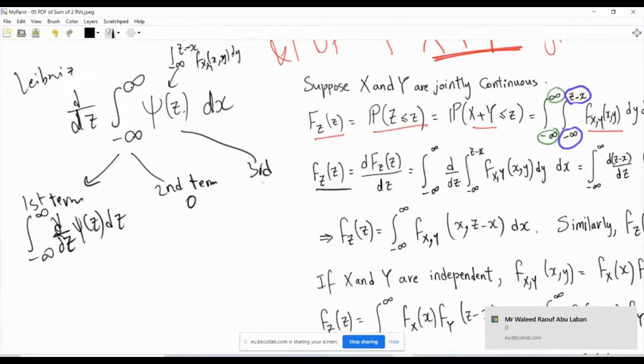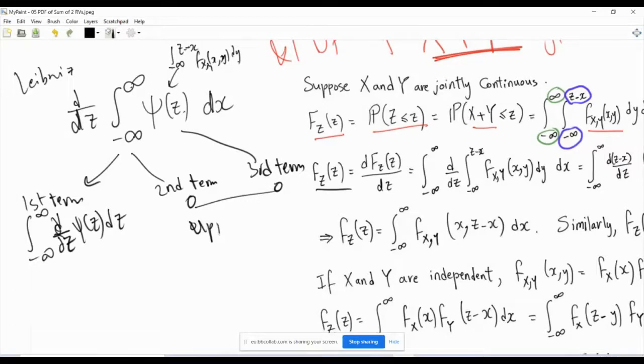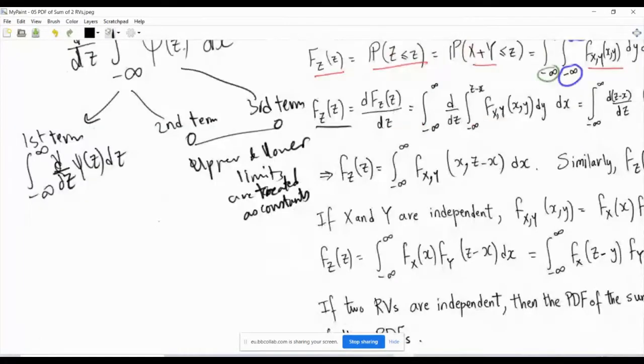Third term 0, because the upper and lower limits are constants, or are treated as constants. So basically, you can apply Leibniz and take the integral to the inside. Now, this guy, Leibniz again.